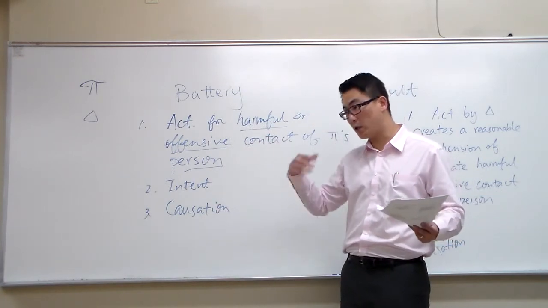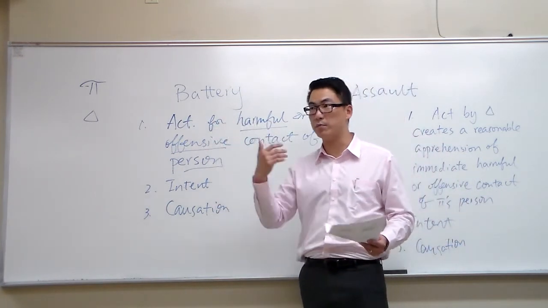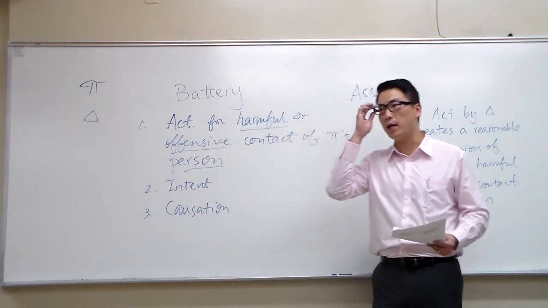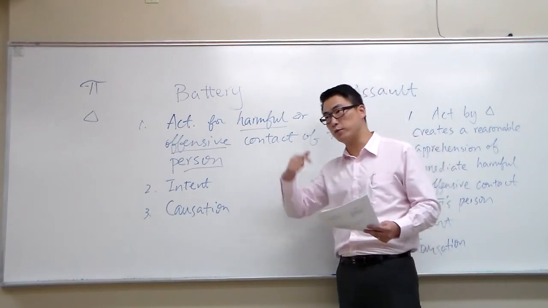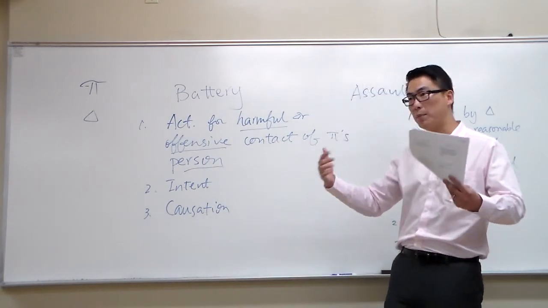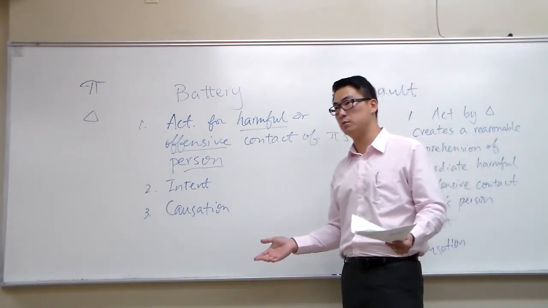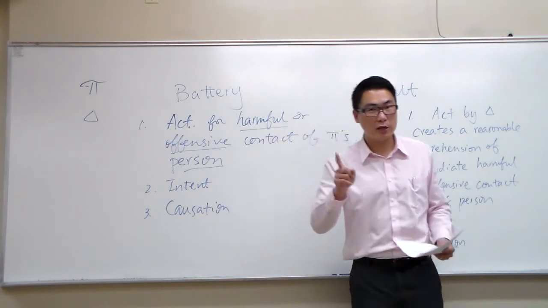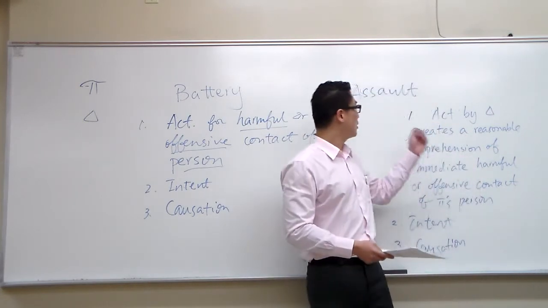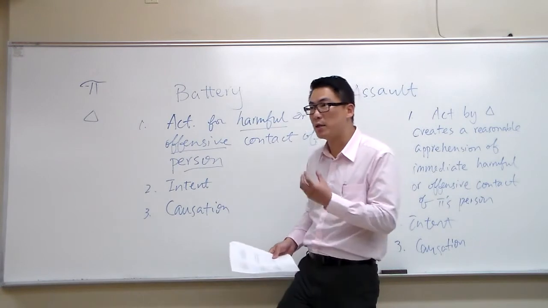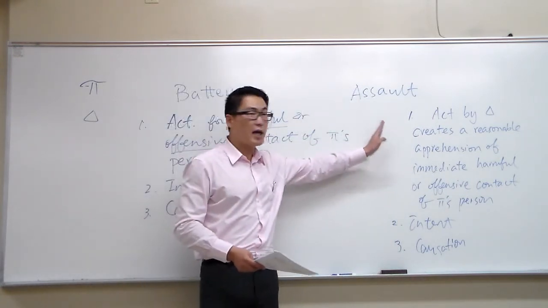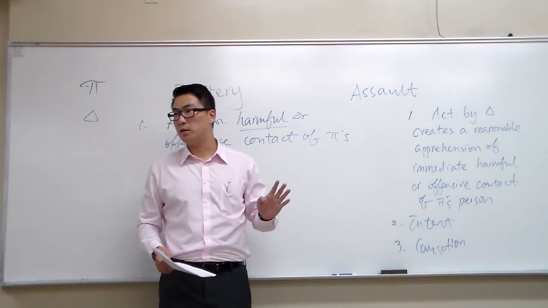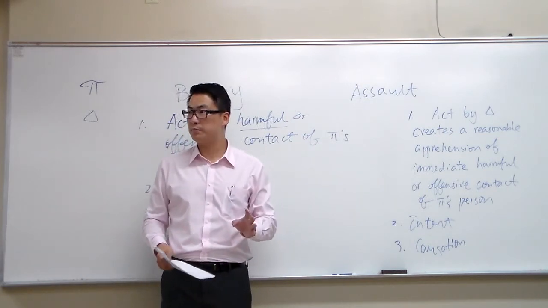If I later find out from the surveillance tape that you hit me, then I can sue you for battery. But at the time you hit me, my apprehension of who hit me or what is about to happen is irrelevant. And that apprehension is the key element in assault. You must have that apprehension. So in assault, the actual contact does not need to happen.